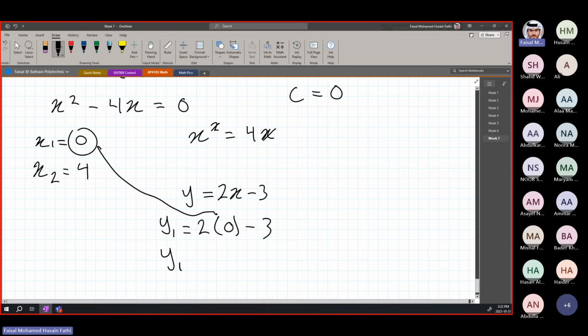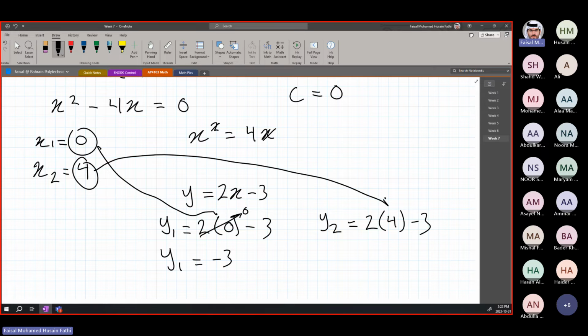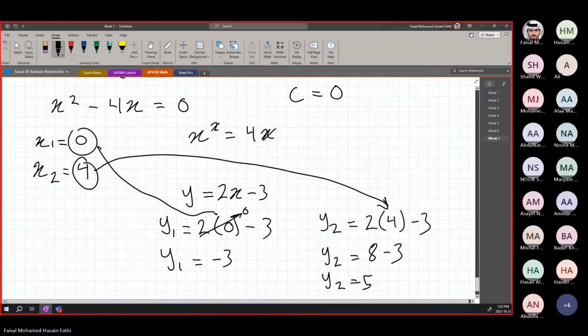So y1 is equal to 0 minus 3. For y2 we take the 4, so it's equal to 2 into 4 minus 3. We just basically took this 4 and plugged it in, so we're just plugging into the x. y2 is equal to 8 minus 3. 2 times 4 is 8 minus 3. y2 is equal to 5.